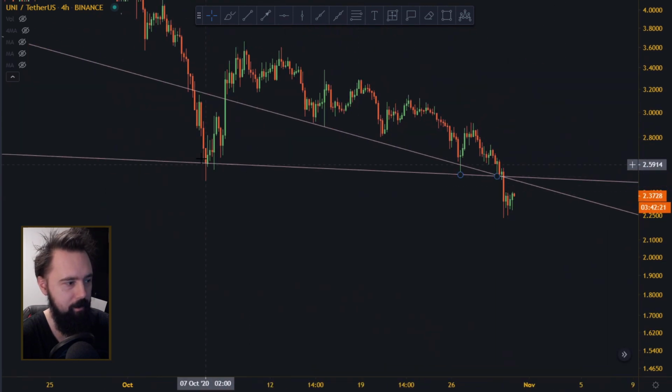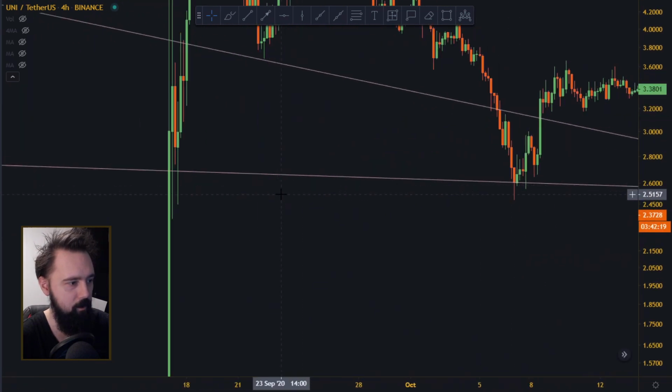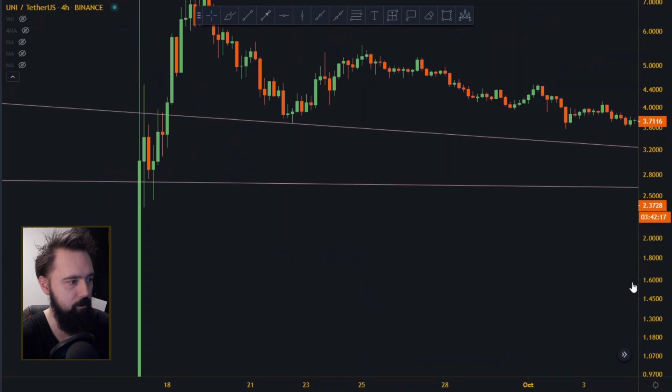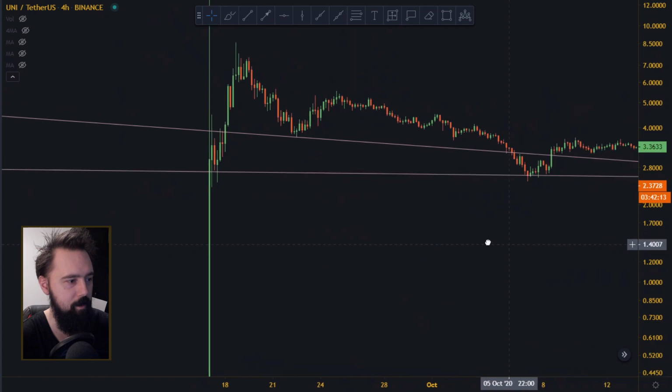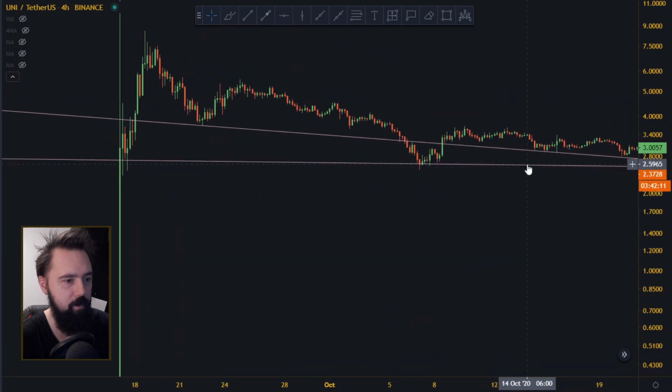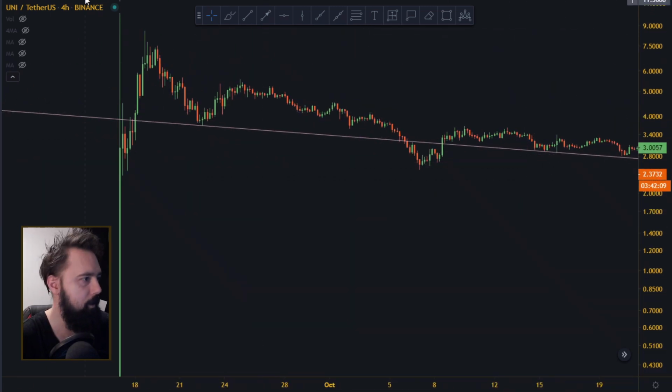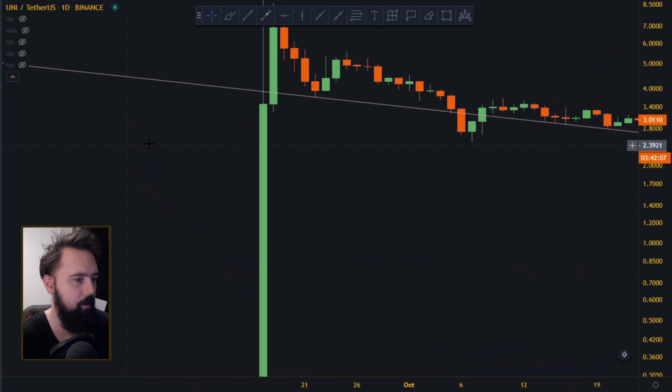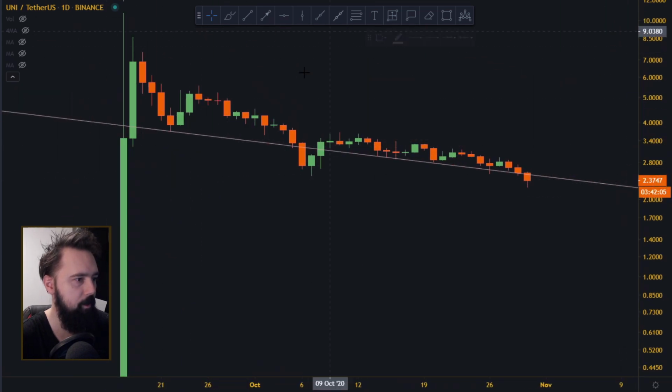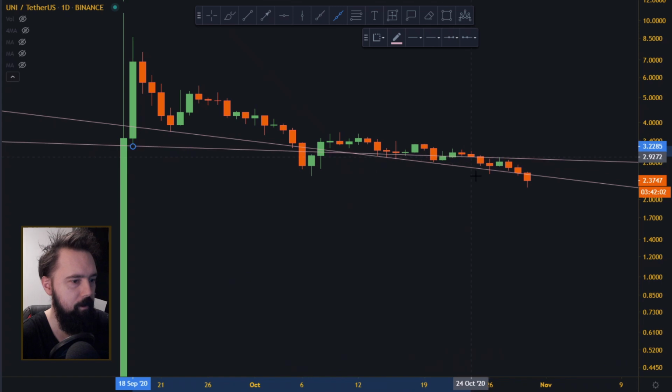And as you can see, it hits some of these wicks here, and also some of these wicks over here. More correctly, it hits this red wick that I feel is important. So we're gonna delete this line over here. Let's go back to the daily and see if we can get this wick over here. I think that's the wick.